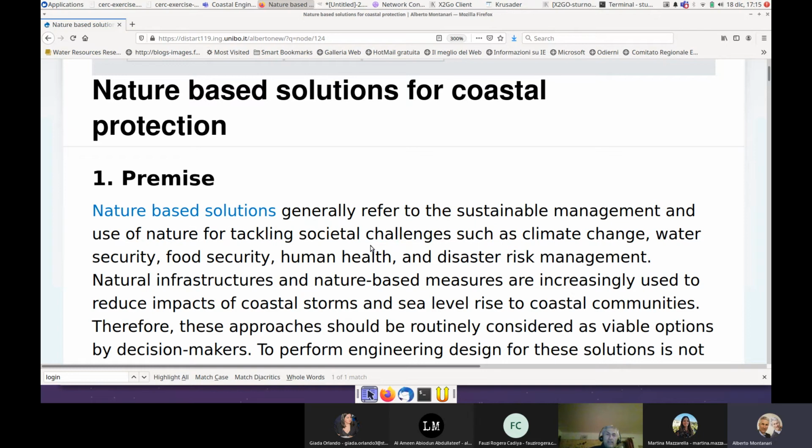Fine. If you consider a nature-based solution, which is, as we discussed, injecting fresh water into a well for pushing back the saltwater wedge, what is the effect that you gain? What is the amount of fresh water that becomes more readily available during summer if you inject fresh water during the winter?